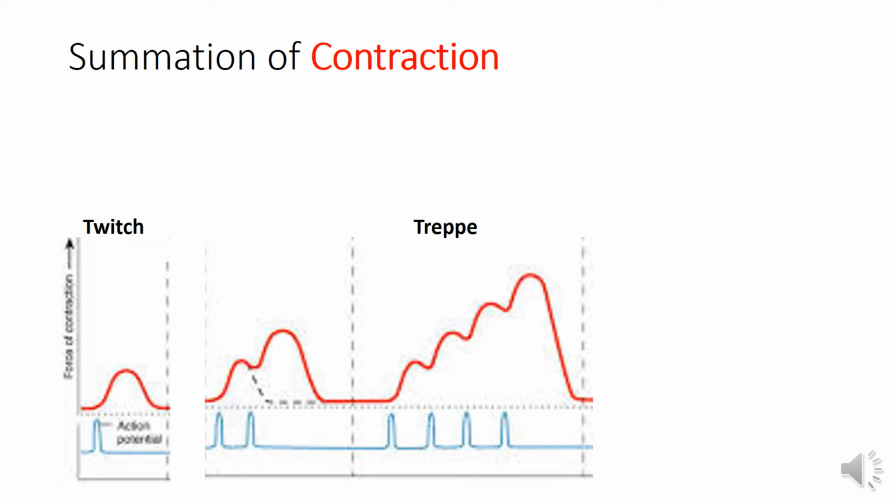On an ionic basis, what is happening? The ion necessary to get summation of contraction is specifically calcium. Calcium, anatomically, is located within muscle cells inside the sarcoplasmic reticulum.